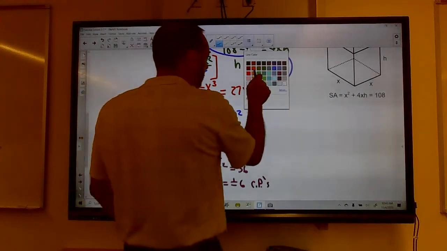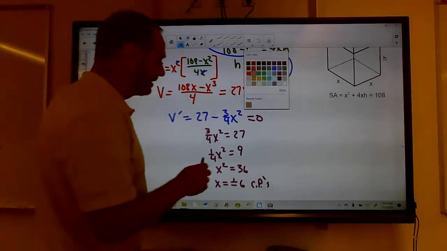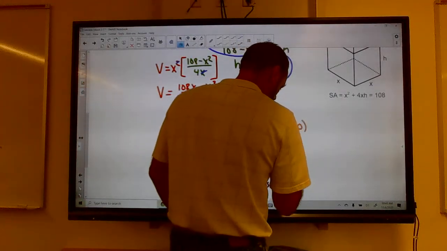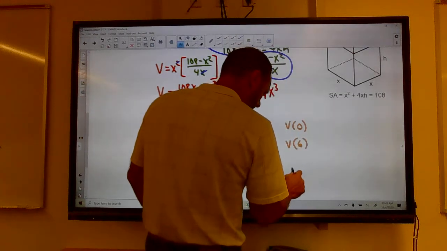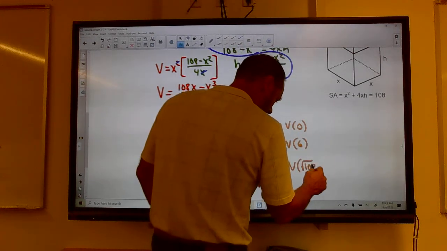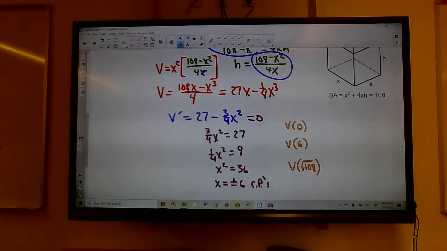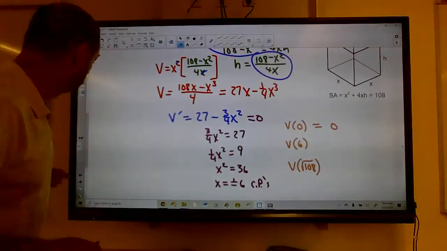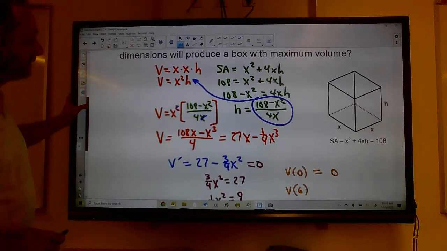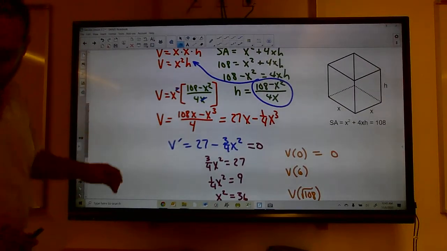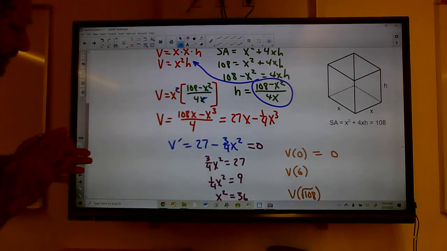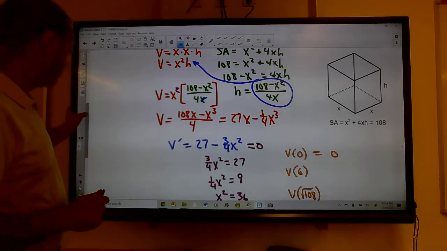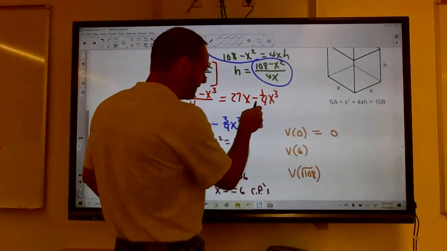Okay, so what I need to find is the volume at 0, the volume at 6, and the volume at the square root of 108. I don't have to check -6 because I can't have a distance of -6. That doesn't make any sense. So if I plug those back into the volume equation, I get 0 for x equals 0.